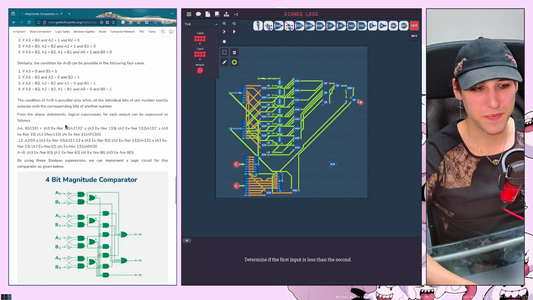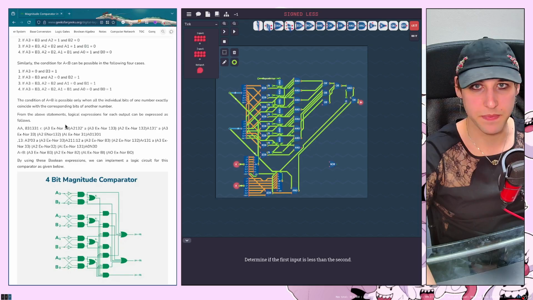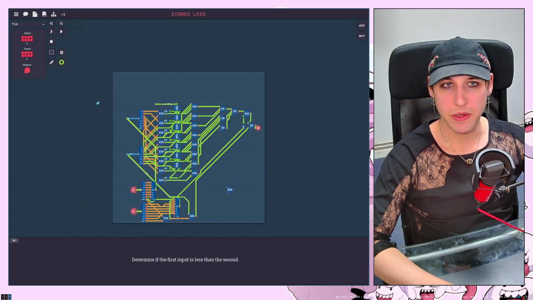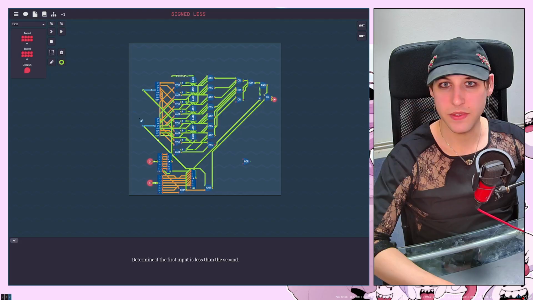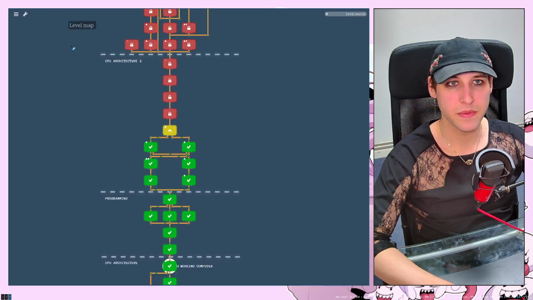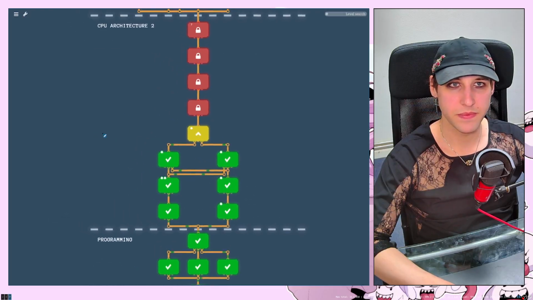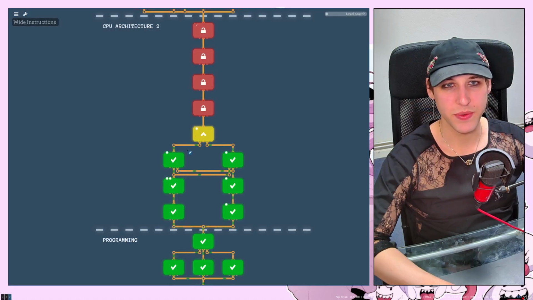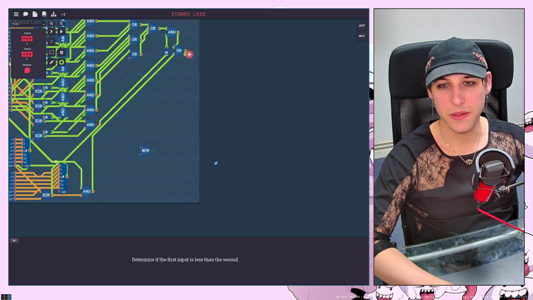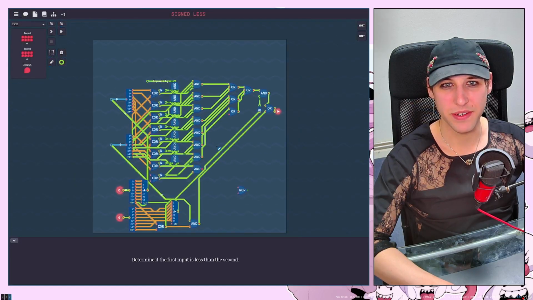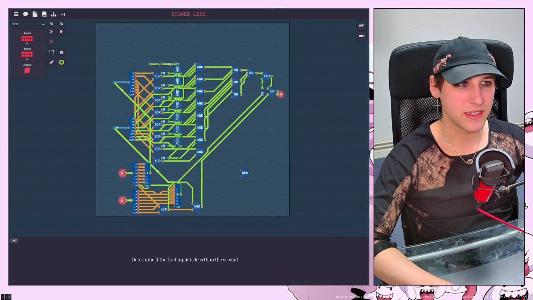And yes, this is what I wanted to tell you about this level as well, and just in general. You wouldn't know that this is a comparator, right? And I guess let me look at the website again.